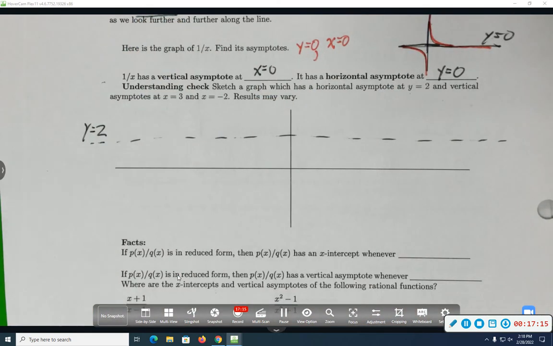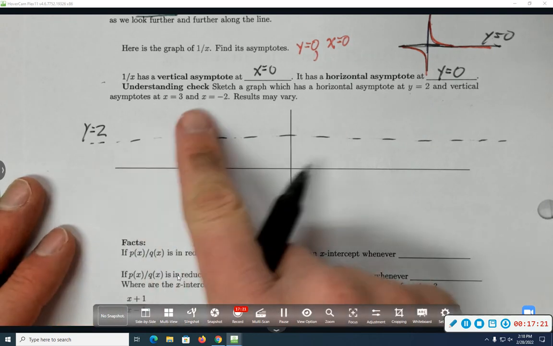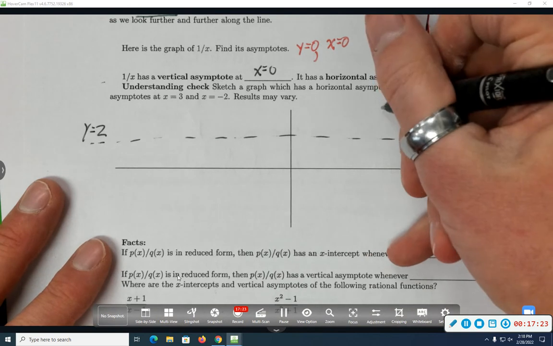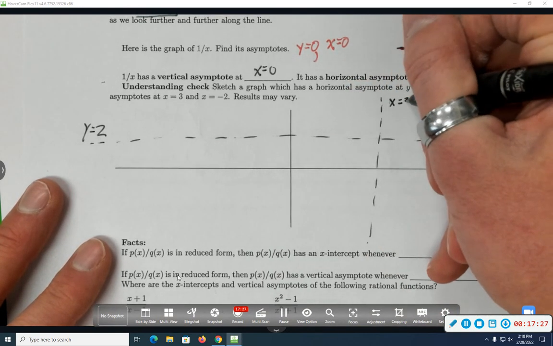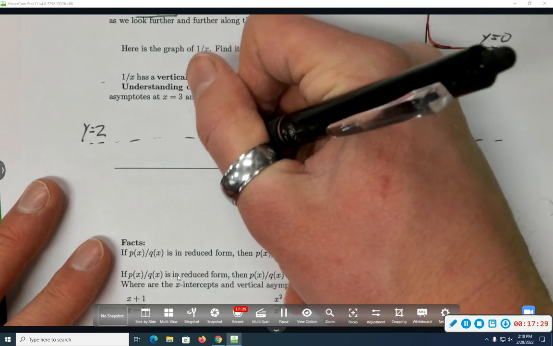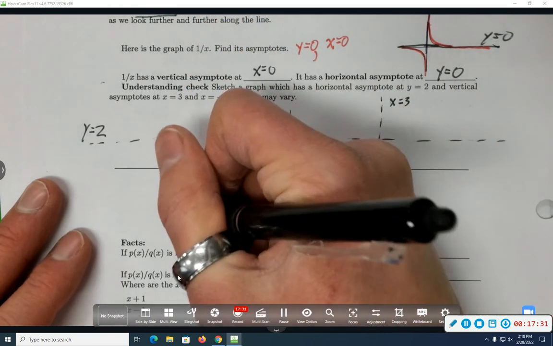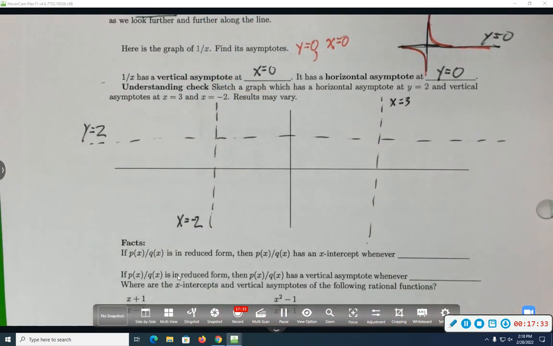I'm incapable of drawing an actual straight line to save my life, but that's supposed to be a straight line at y equals 2. And also has a vertical asymptote at x equal to 3. That seems about x equals 3-ish. And another one at x equals negative 2. Draw a graph which has those asymptotes.